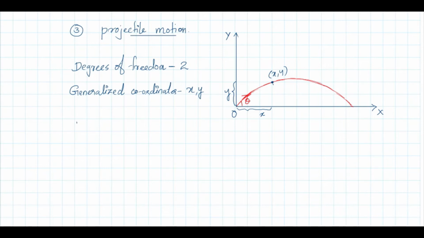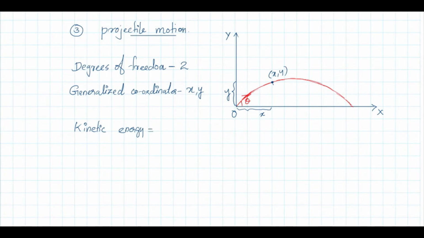In the next lecture, I will explain the significance of choosing a particular set of coordinates. So now I restrict to Cartesian coordinates x and y. The next step is expressing kinetic energy and potential energy in terms of these generalized coordinates.